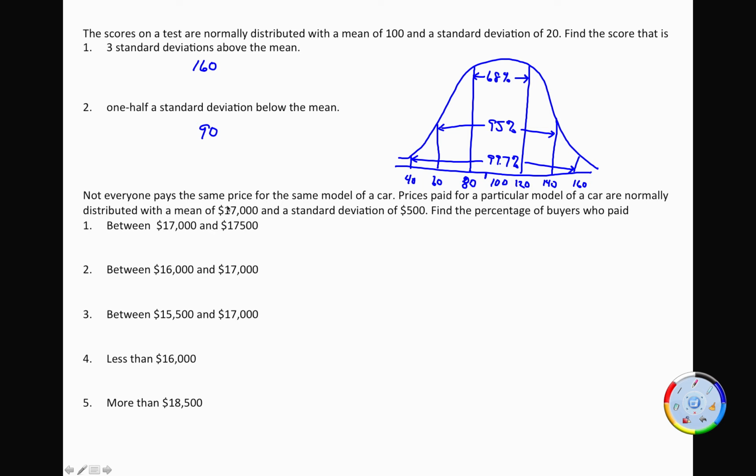Okay, not everyone pays the same price for the same model of a car. Prices paid for a particular model of a car are normally distributed with a mean of 17,000 and a standard deviation of 500. Well, let's try to draw that.